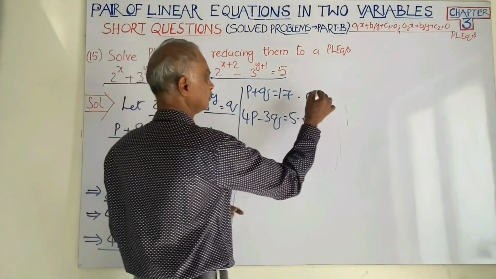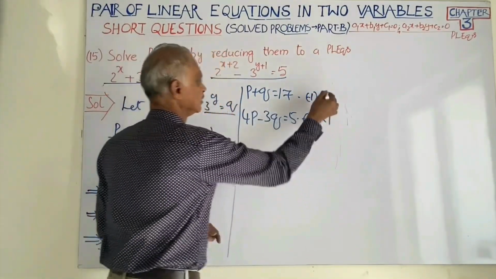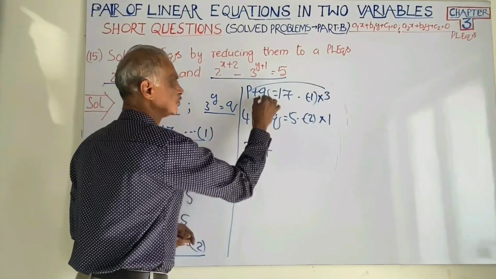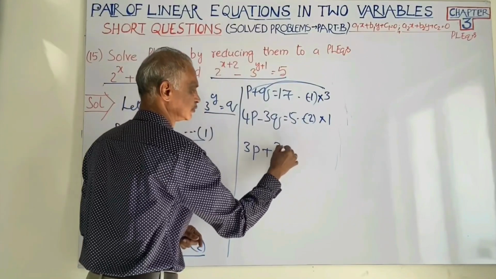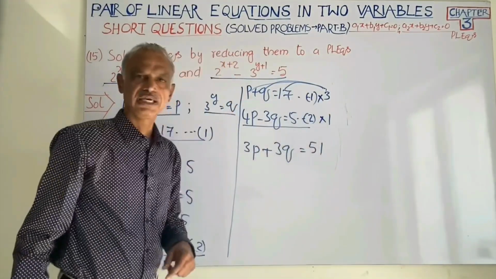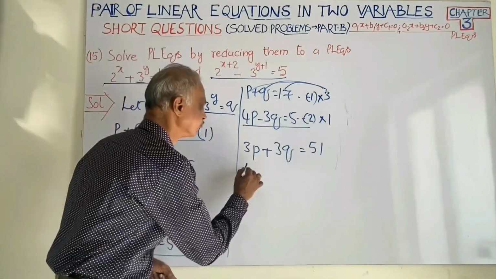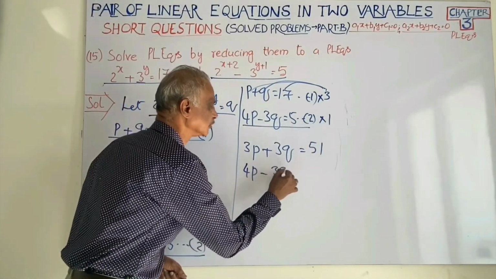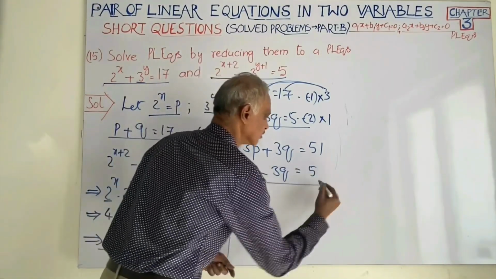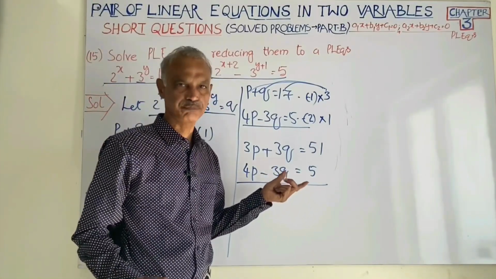You multiply this with 3 and this with 1. 3 into p, 3p plus 3 into q, 3q is equal to 3 times 17, 51. Next you multiply the other equation with 1. You will get 4p minus 3q is equal to 5. We have to solve these equations and find the values of p and q.